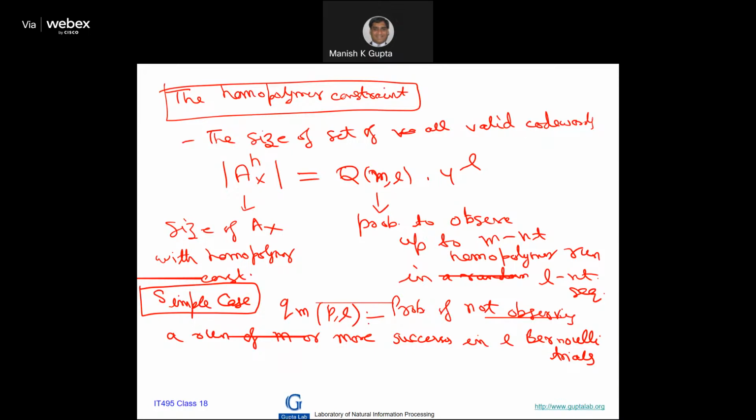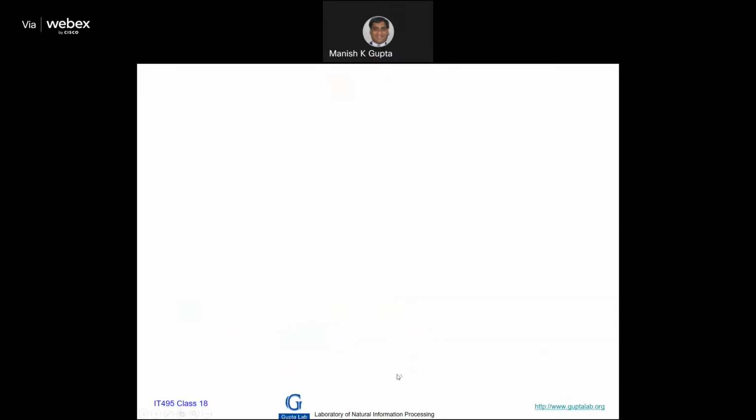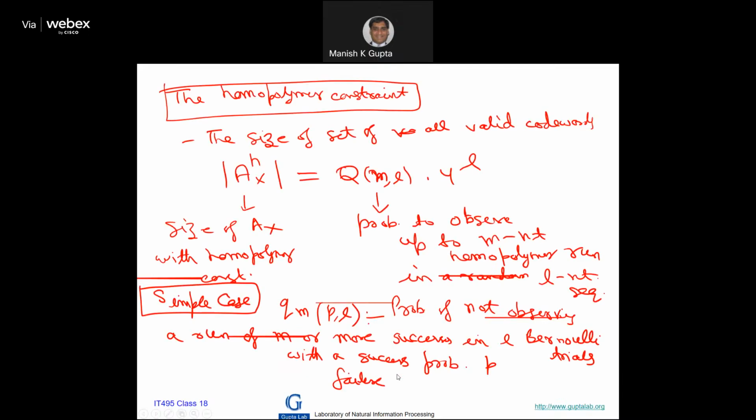You must have studied it in probability. Either it is a success or a failure, and there are of course probabilities. So I can say that with a success probability P and a failure probability Q equal to 1 minus P.